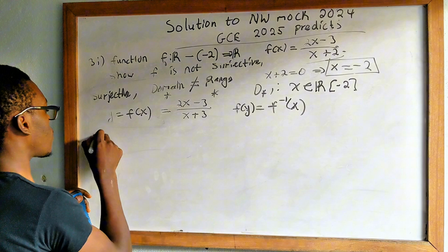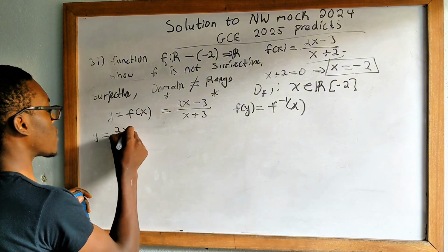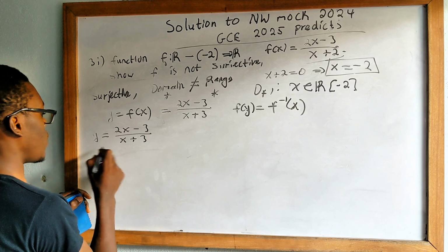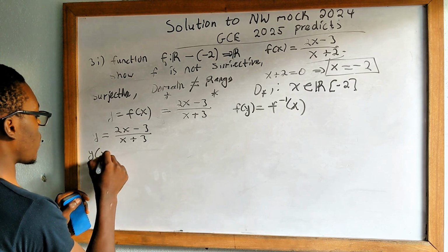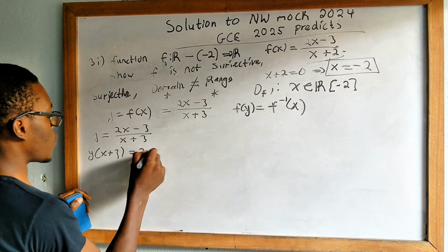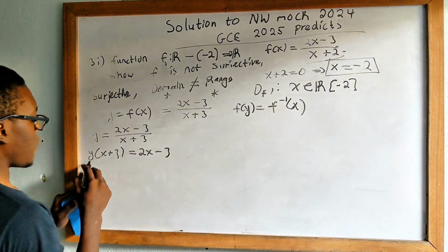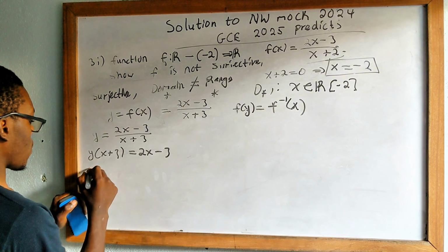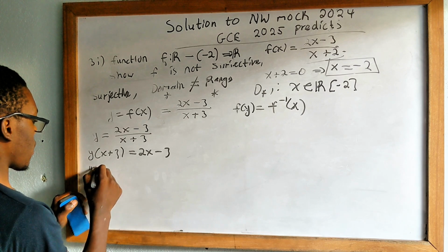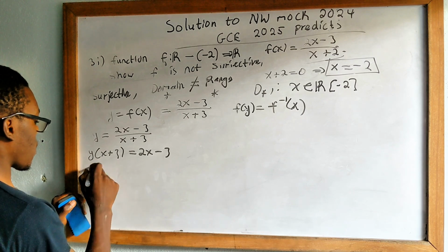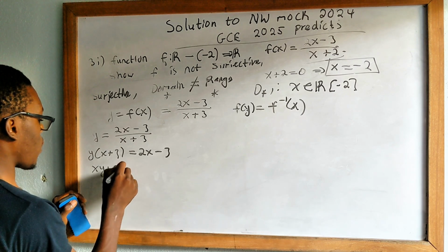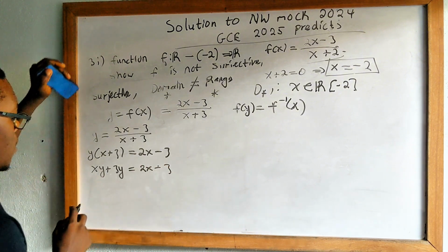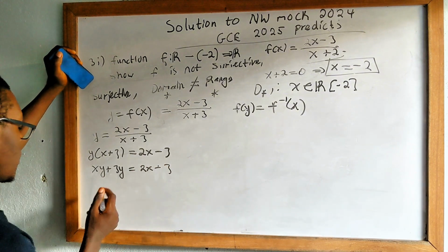Okay, y is equal to 2x minus 3 all over x plus 2. We bring it here to have y times x plus 2 is equal to 2x minus 3. Therefore, we bring y inside: xy plus 2y is equal to 2x minus 3. Okay, we bring everything with x here.